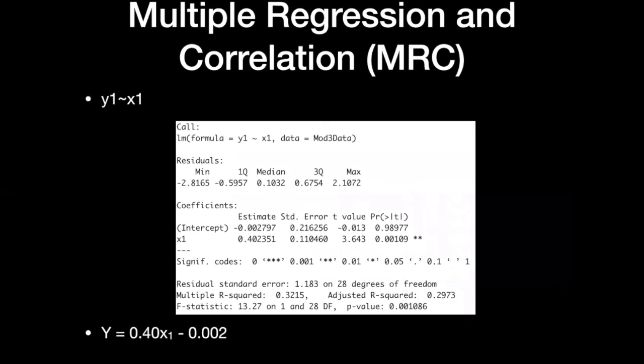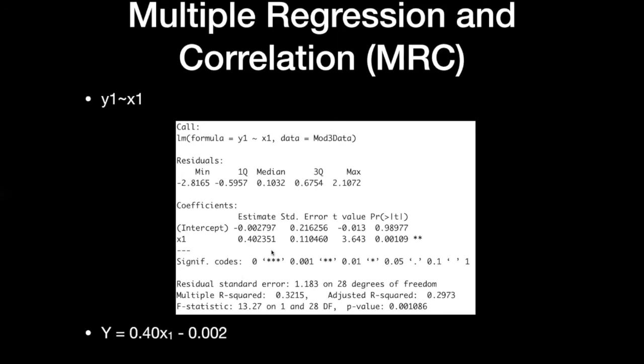Okay, so the MRC. In this MRC model, I'll use the X1 to predict the Y1. And here's the outcome, which is generated by R. So let's take a look at the X1 here.